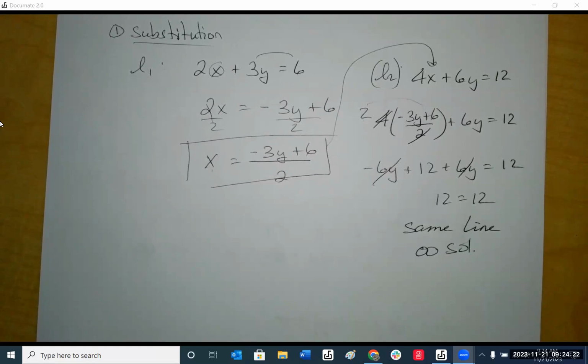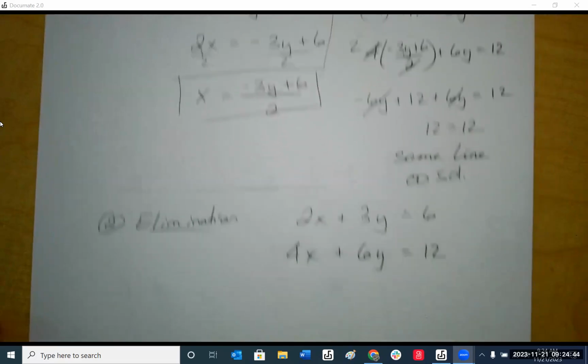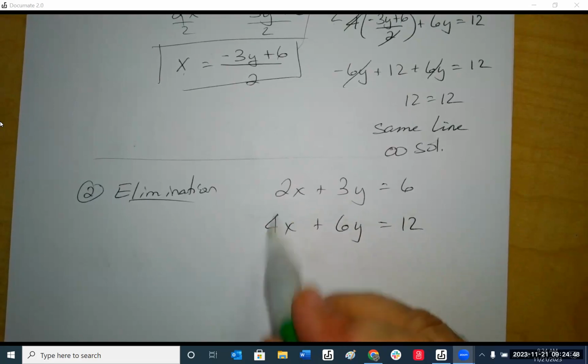Same thing will happen with the elimination method. Show you. So we have 2x plus 3y equals 6. 4x plus 6y equals 12. I'll get rid of the x. So I have to have the same number in front, but different signs.